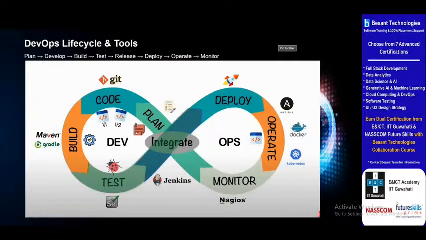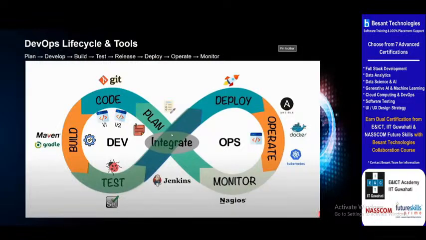You might have a question: if the developer is looking after it, what is the DevOps engineer doing? The DevOps engineer coordinates with them with respect to Git and GitHub or CI/CD, and if something goes wrong, he will pitch in and work on that. From test to integrate, we call it CI, continuous integration. Next, integrate to deploy is CD, continuous delivery.